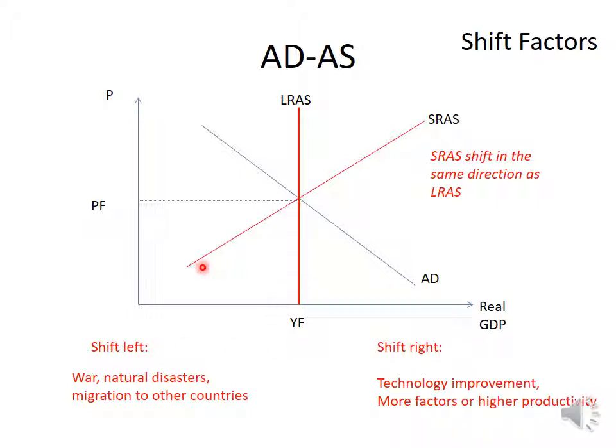War, natural disasters, people migrating to other countries means you have less resources, less factors, so your LRAS would shift to the left. And if you shift to the right, that's because there's technology improvement, you have more factors of production, or there is improvement in productivity.